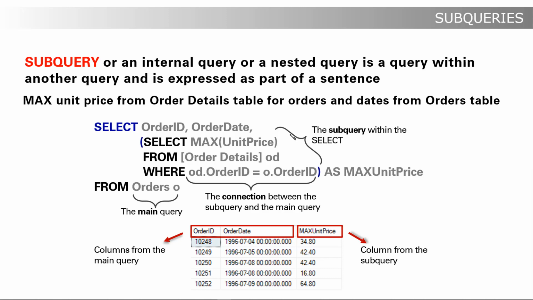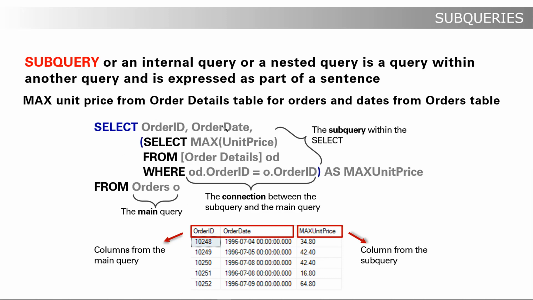So we have the subquery in the select. This is the main query, and this is the connection between the subquery and the main query. What we get is a table with an order ID, and this column is from the main query because it's outside of the subquery.